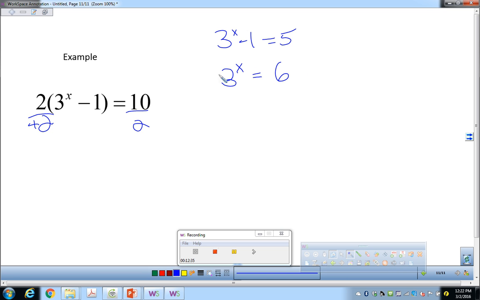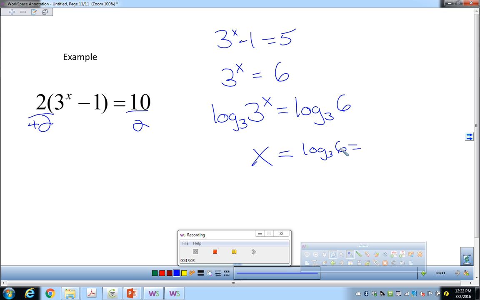So now I can log base 3 it, right? Log base 3 of 3 to the x is going to make that go away, right? Log base 3 of 6. Log base 3 of 3 to the x is just equal to x. And your answer is log base 3 of 6.